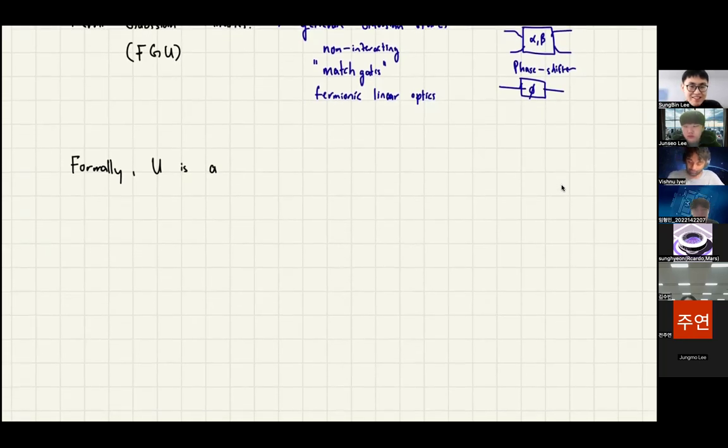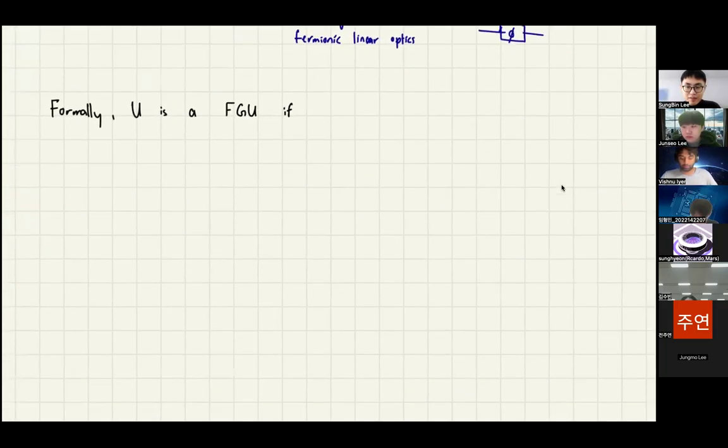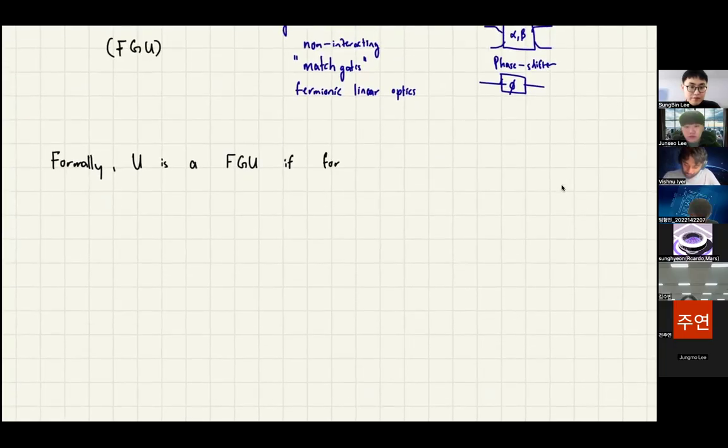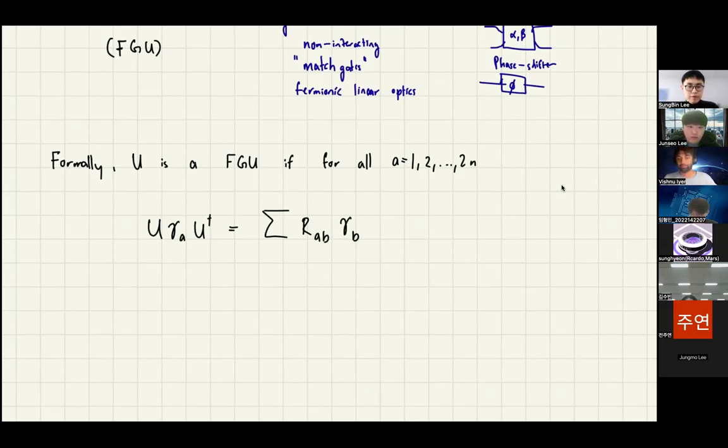So formally, U is a fermionic Gaussian unitary if for all Majorana operators from 1 to n, the conjugation action of the unitary on this Majorana operator is equal to the sum of other Majorana operators, B equals 1 to 2n.